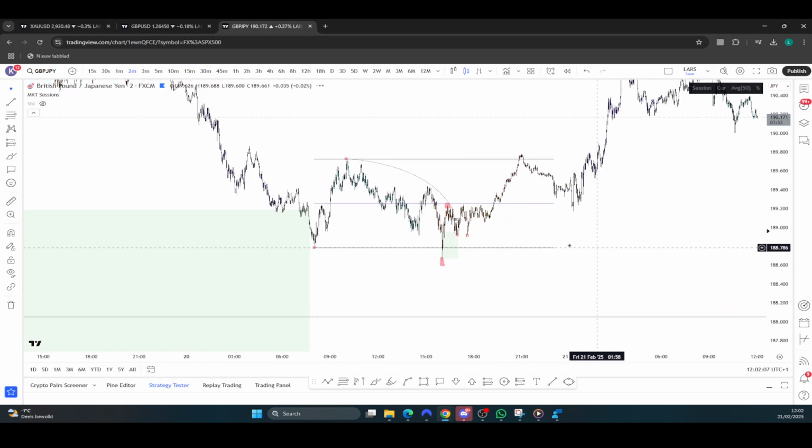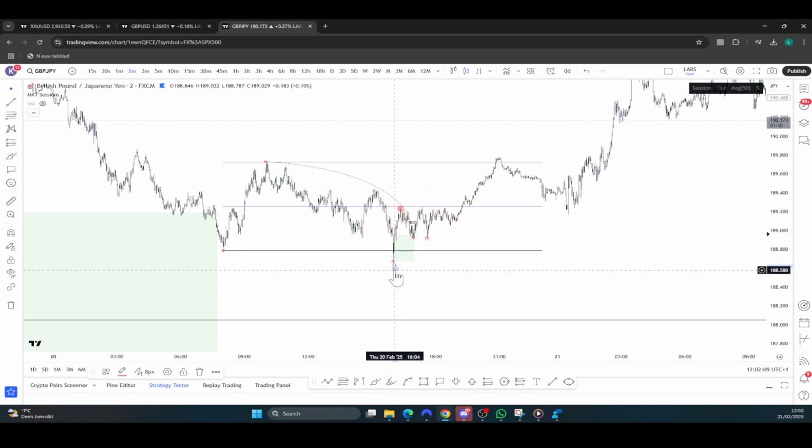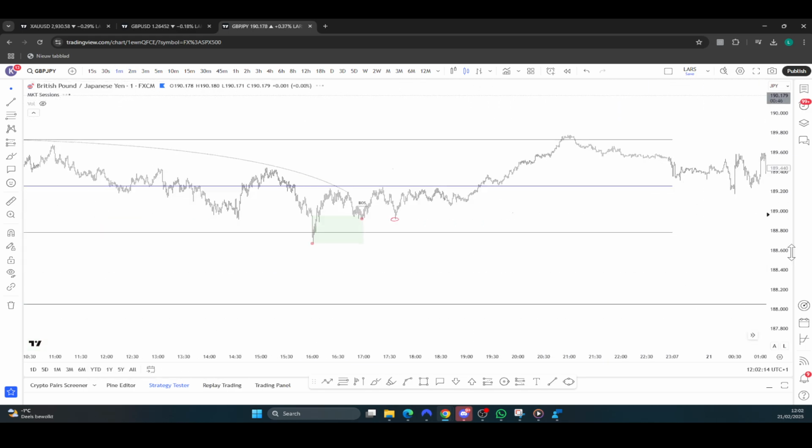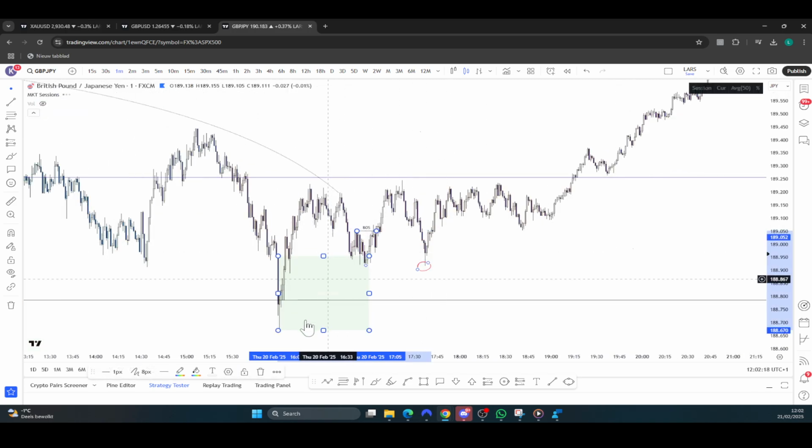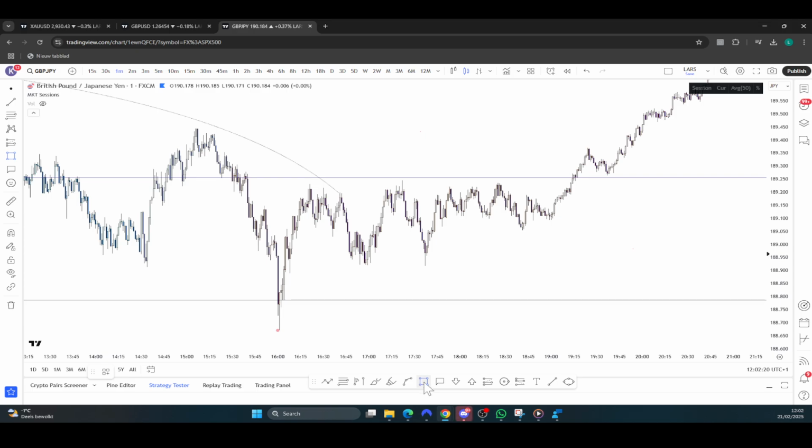But what I like so much about this trade, and how I managed to actually get a better entry than waiting for that break of structure right there, was because of the usage of the bars pattern.